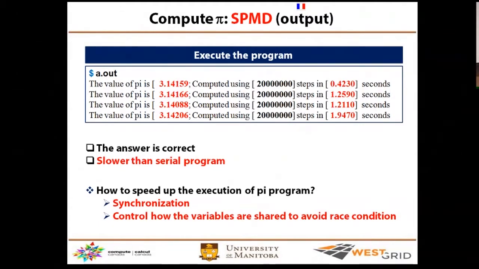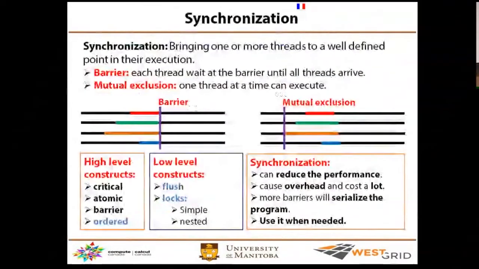For synchronization, there are many types. For example, there is the barrier, which means that at some point of the program we put a barrier, so we ask that all threads must arrive at this point before going further. There is another type of synchronization, which is mutual exclusion.